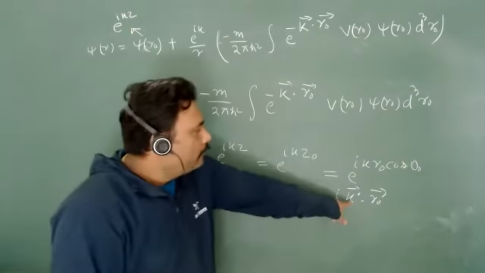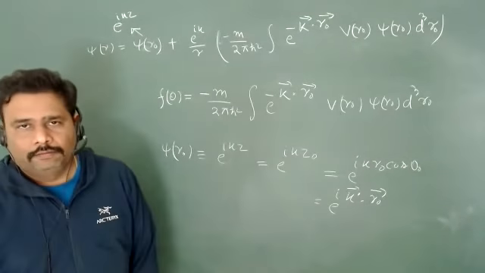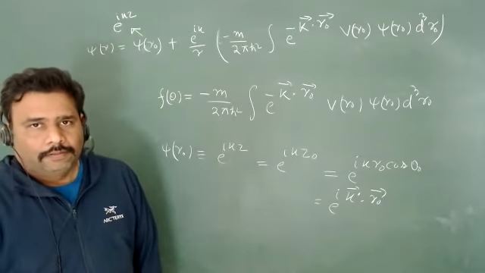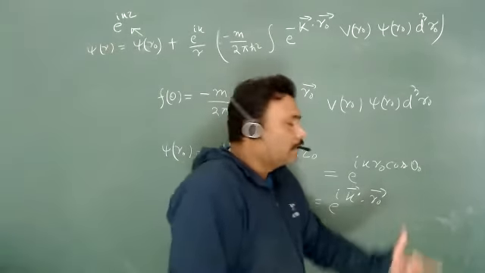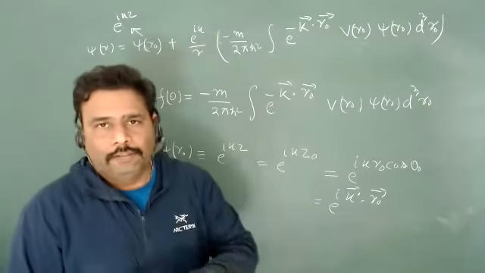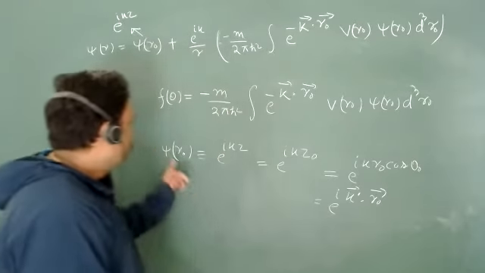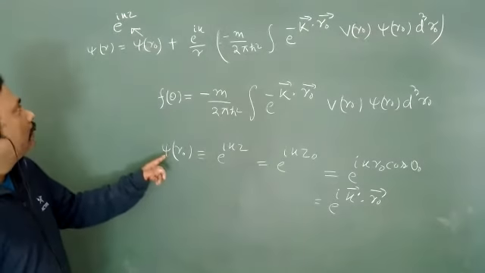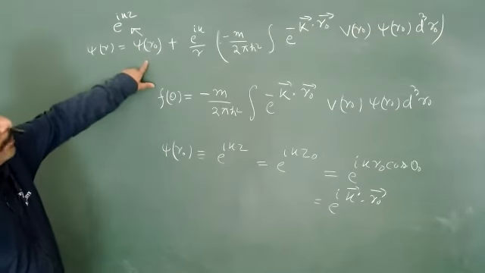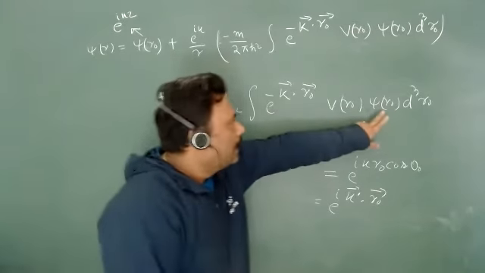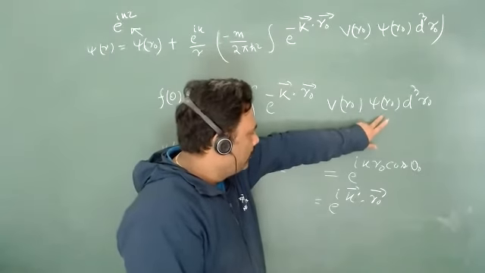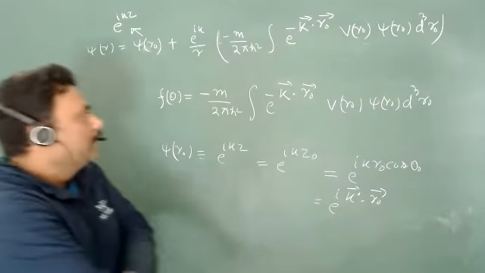And yes, the magnitude of k dash is also k, don't worry, because the cos theta changes nothing. This is just an argument. So we have k dash dot r naught here, and I just have to put e to the power i k dash dot r naught in place of psi r naught.